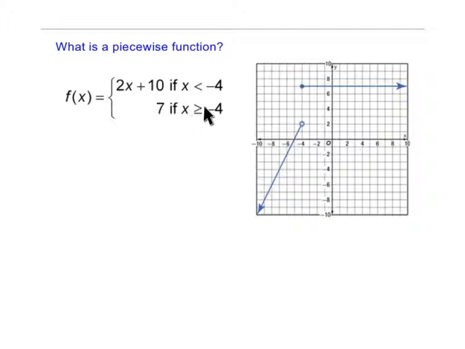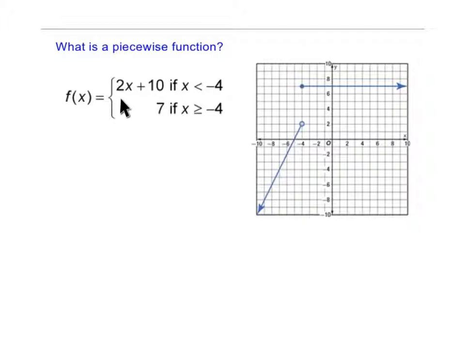Where x is greater than or equal to -4, that's why this one is closed in, and then to the right, it is this function. So this part right here, these are the intervals, not written in interval notation, but it is an interval. And then this is the equation of the function in those intervals. All right, so that's what this looks like.